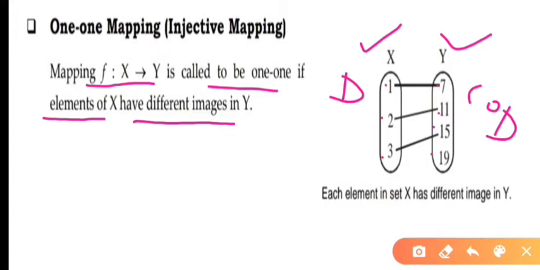A one-one mapping means each element in set X has a different image in set Y. 1 has image 7, 2 has image 11, 3 has image 15. As per our definition, every element of set X has a different image in Y, therefore we call it one-one mapping. The name itself indicates one to one connecting. It is one-one mapping, or you can say injective mapping.